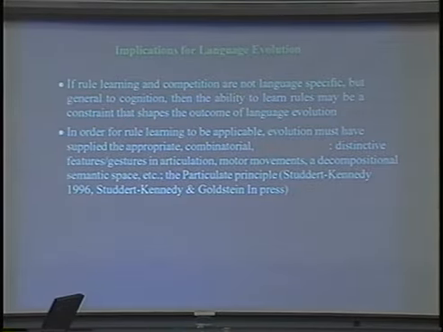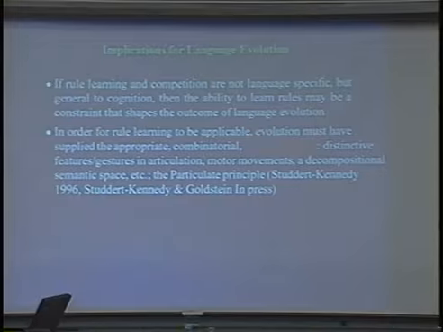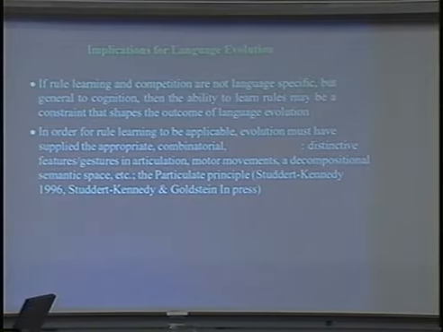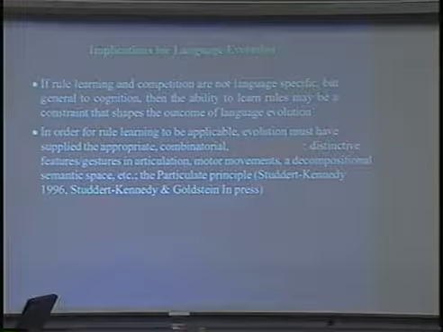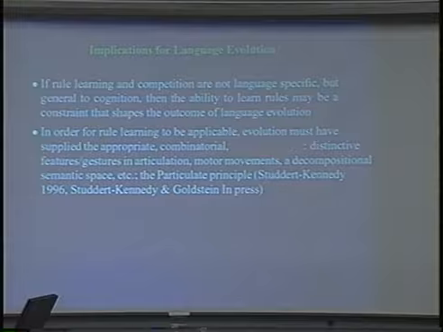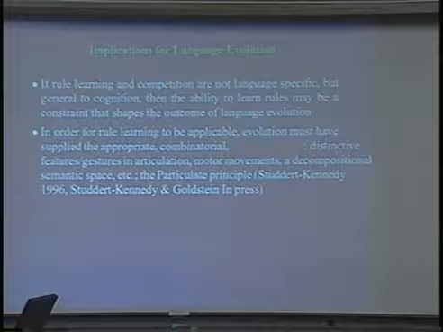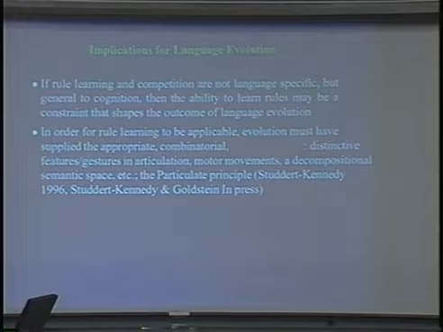So in order for rule learning to be applicable, evolution must have supplied some appropriate combinatorial representations like you saw in the feature things. It can be distinctive features, it can be gestures in articulation, as my colleague Louis Goldstein has been suggesting, motor movements, decomposition of semantic space, whatever. And there's something being referred to as a particulate principle.